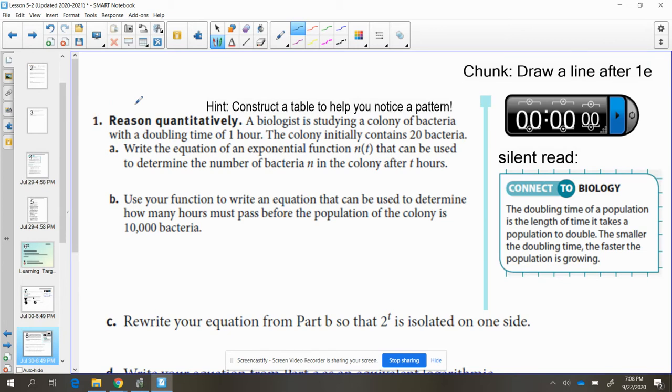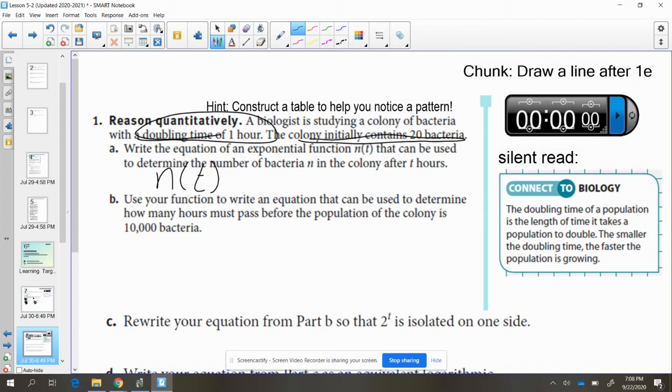Now, we've talked a lot about setting up these equations and solving, and I told you we would focus more on how to solve with logarithms. Now, notice here this problem talks about a doubling time of 1 hour, a colony that initially contains 20 bacteria, and we want to write a function N of t where t represents the number of hours.